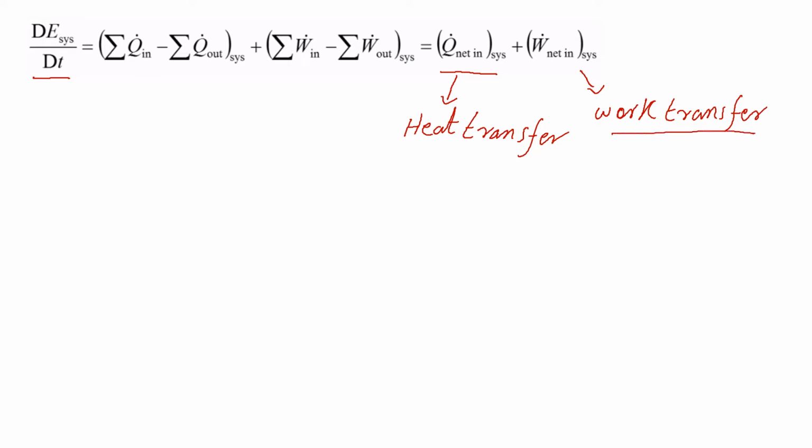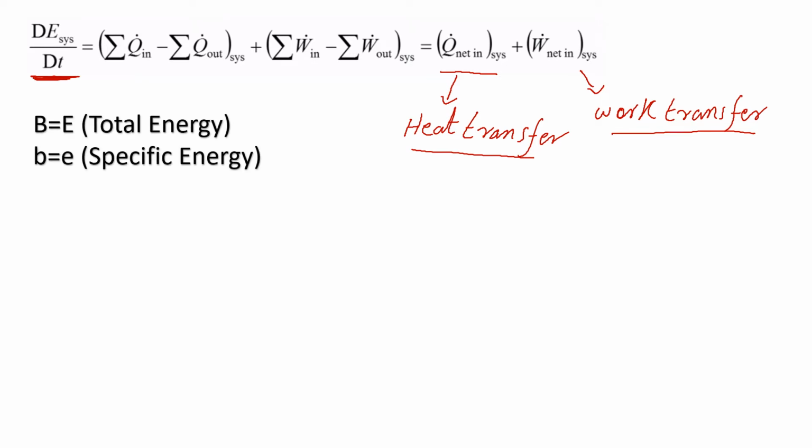So by heat transfer and work transfer, we get the total change with respect to time in the energy of a system. Now let's look at the intensive and extensive properties.